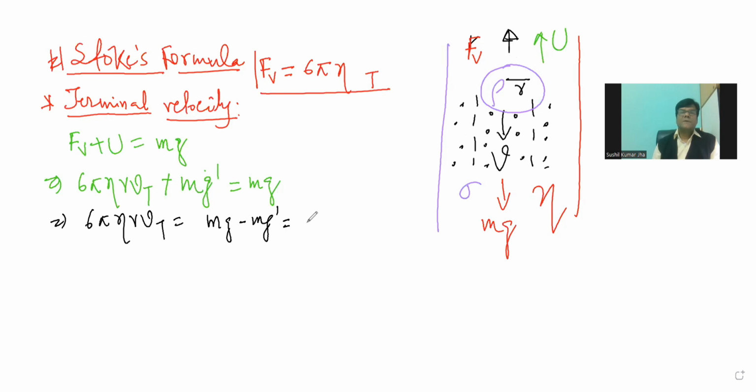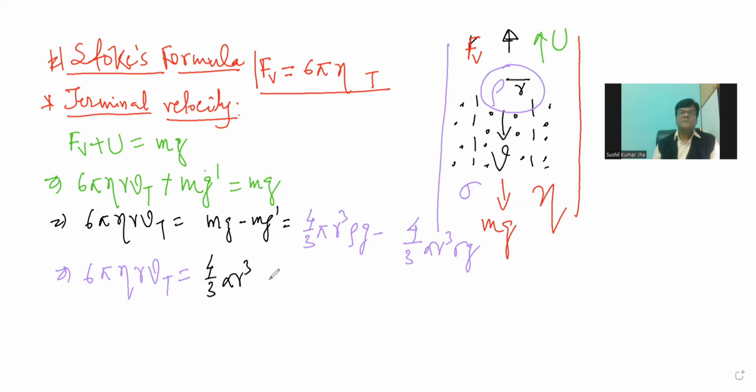So mg will be 4 by 3 pi r cube rho g, minus m'g in terms of medium density, 4 by 3 pi r cube sigma g, which means 6 pi eta r vt is equal to 4 by 3 pi r cube common, so 4 by 3 pi r cube times (rho minus sigma) into g.